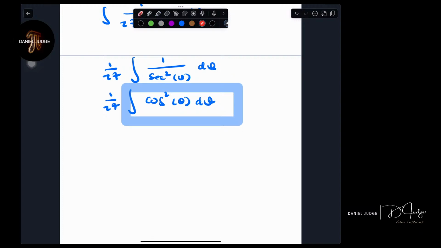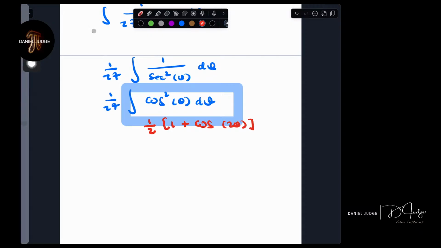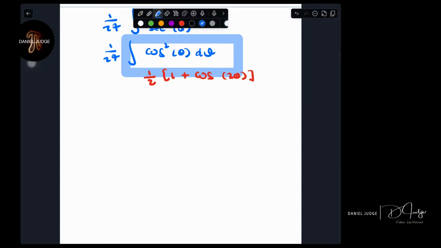So we're going to have to use that half angle identity, 1/2 times 1 plus cosine 2 theta. It's actually called power reducing as well. Anyway. So let's pull out the factor of 1/2. We get 1 over 54, I believe.